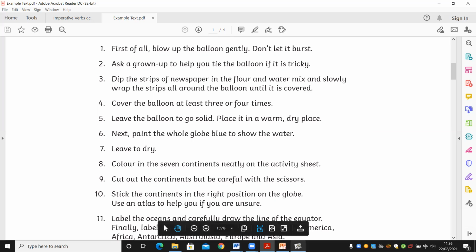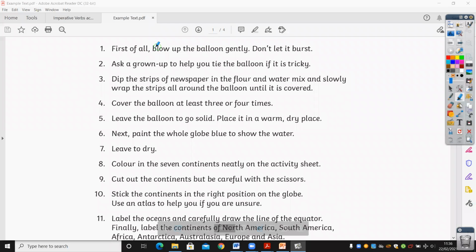So let's try that again. Let's see if it's going to let me do the highlighting. It might do. So blow up, don't, which is also our contraction, let, and burst.